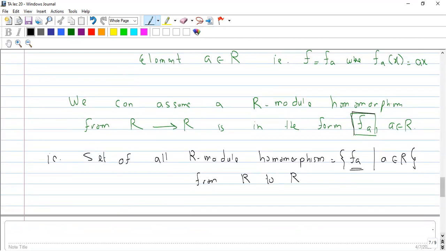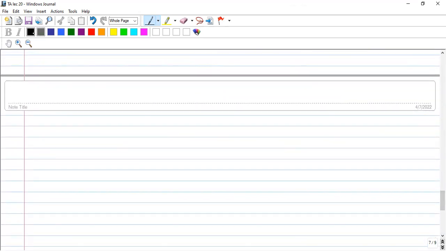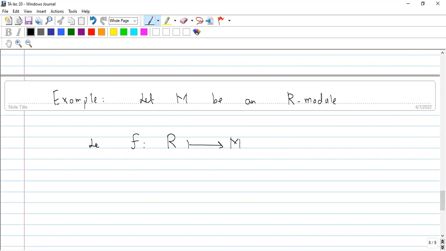Okay, in the same way, I want to classify all R module homomorphisms from R to M. Let M be an R module, and suppose f from R to M is an R module homomorphism.